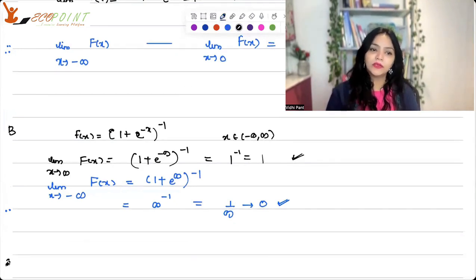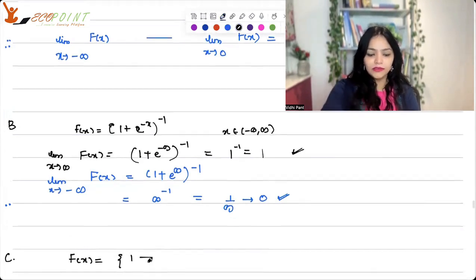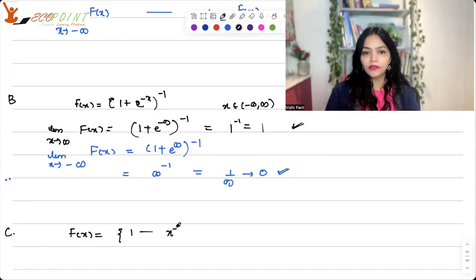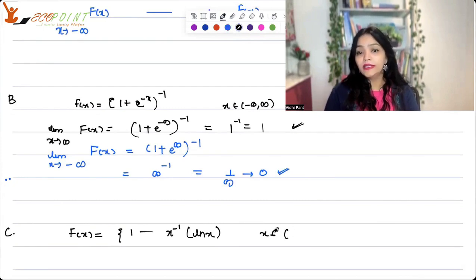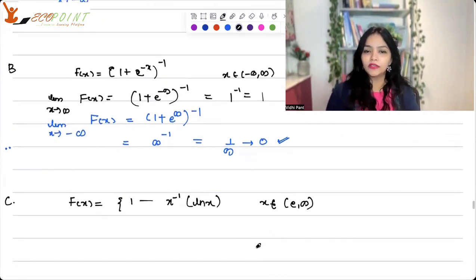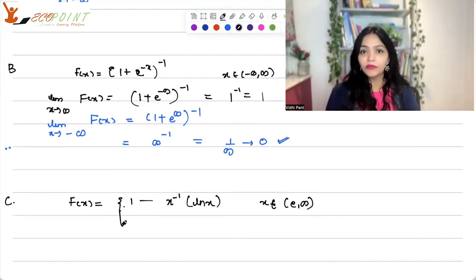इसी तरीके से ऑप्शन सी देखेंगे. ऑप्शन सी में हमारे पास है F(x) is equal to 1 minus x to the power minus 1 log x, where x belongs to e to infinity. देखिए इसीलिए आपको इस तरीके के फंक्शन दिए गए हैं जिसमें अलग अलग डोमेन देखिए, किसी में 0 टू इंफिनिटी है, किसी में माइनस इंफिनिटी टू इंफिनिटी है, इसमें e टू इंफिनिटी है, ताकि आप सोचें उस डायरेक्शन में.